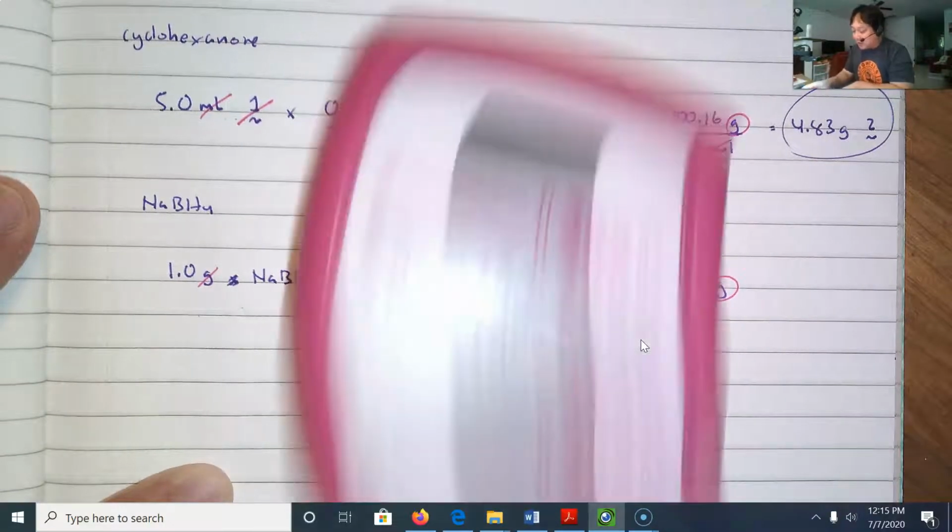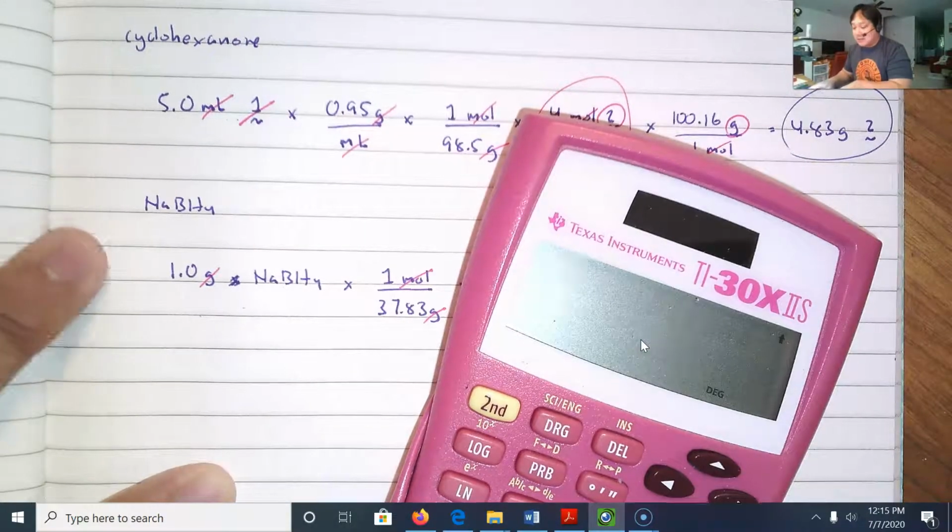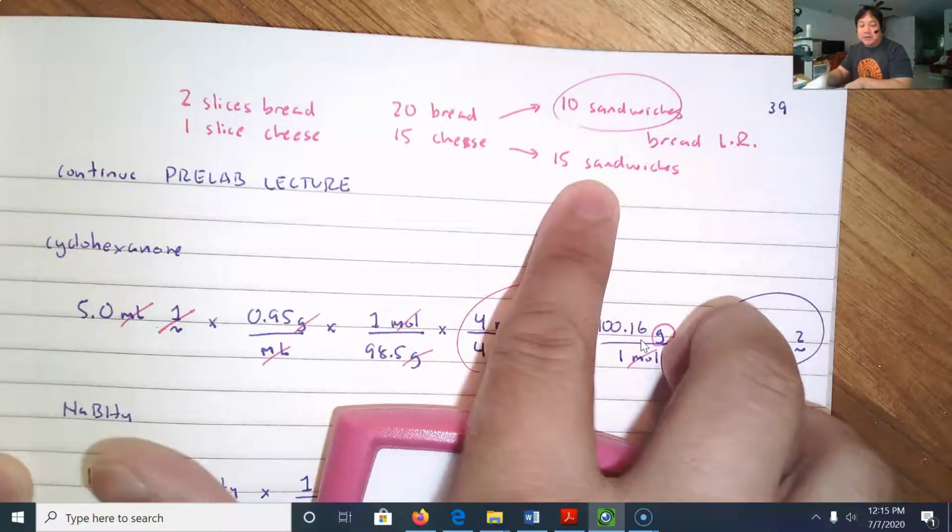Now, I'm curious about the number to figure out which one's the limiting reactant. Which number is smaller when we did sandwiches?